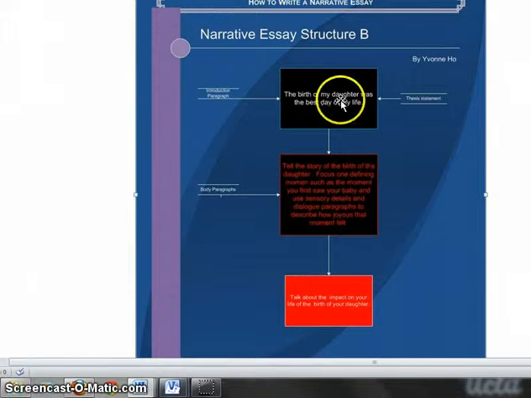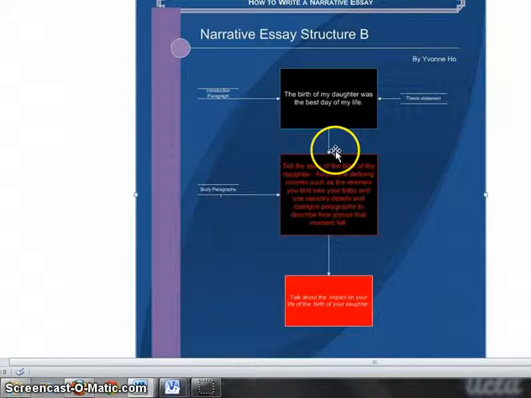The second kind of narrative essay, what I call structure B, is more creative, where you have an introduction paragraph in which you introduce the topic: the birth of my daughter was the best day of my life.